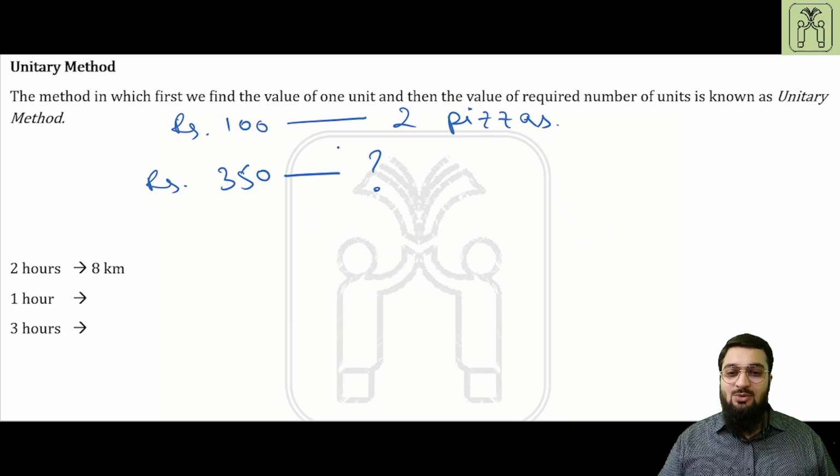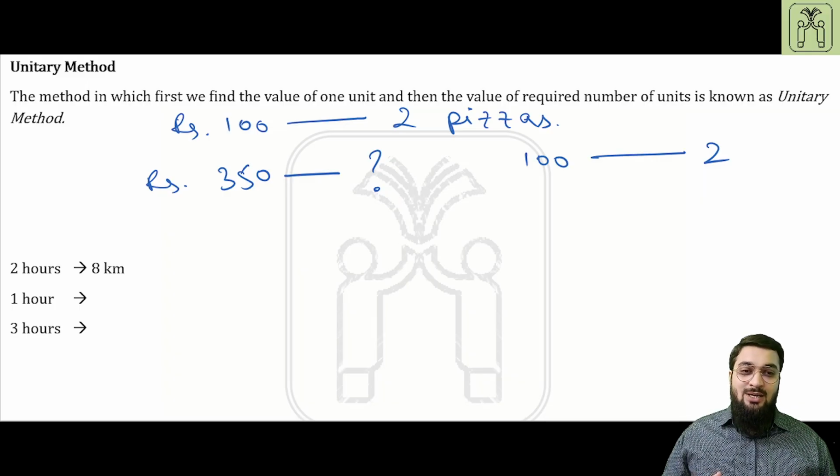We will solve it by writing 100 and we will write 2. The thing which is to be calculated will be written on the right side, and the thing on the basis of which it is to be calculated will be written on the left side. If I'm given the amount of 350 rupees, how many pizzas can I get?